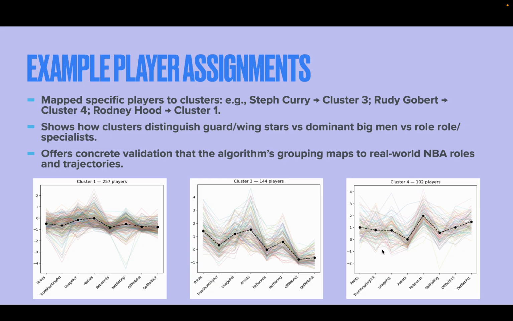And then cluster 4, these are your stars that are tall. So your Shaquille O'Neals of the league, Rudy Goberts, while not a high scorer, super efficient, lots of rebounds. Your Karl-Anthony Towns type players.